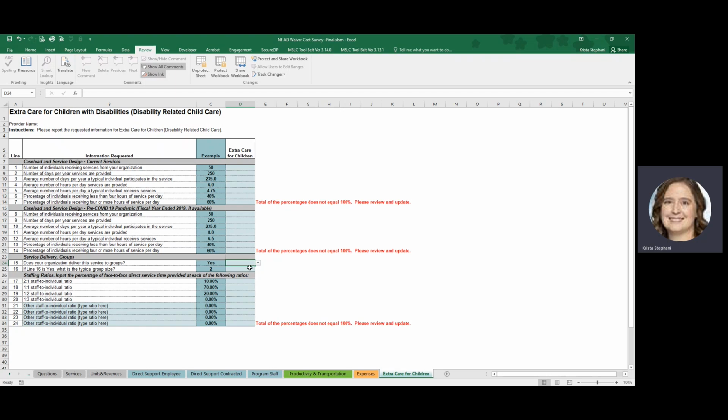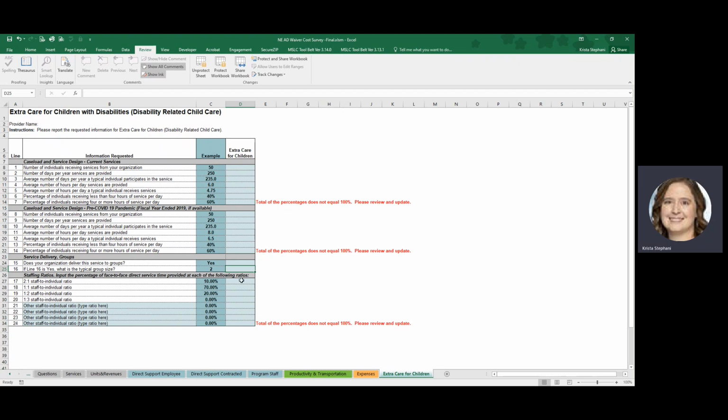If that answer is yes, then we're asking you to populate your typical group size. Do you normally have one direct support professional providing services to a group of 2, a group of 3? Maybe you have a mix and maybe 50% of the time it's a group of 3 and 50% of the time it's a group of 2. Then you would enter 2.5 here for your typical group size.